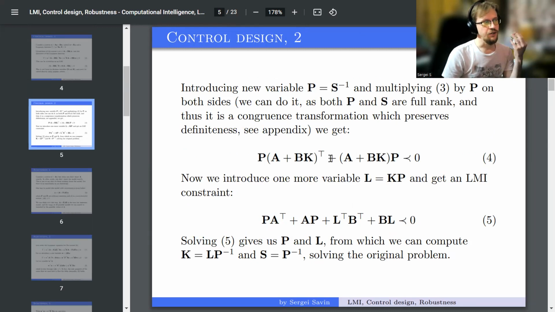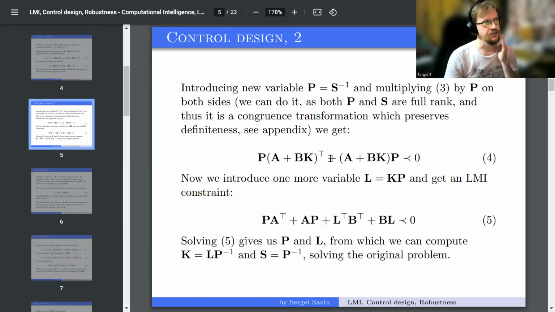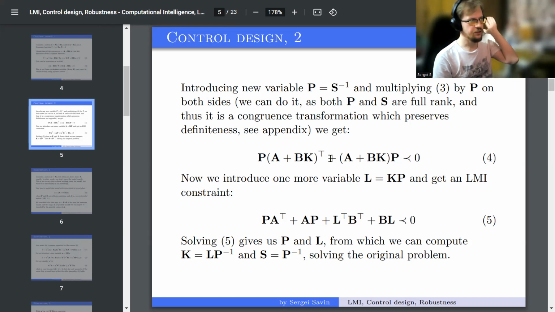It already has two state matrices multiplying both sides. When you go from A to A plus BK, you would already have a quadratic term there. So you would already need to use Schur in order to derive the discrete control LMI. Not very difficult though. Using Schur is not a very difficult derivation.